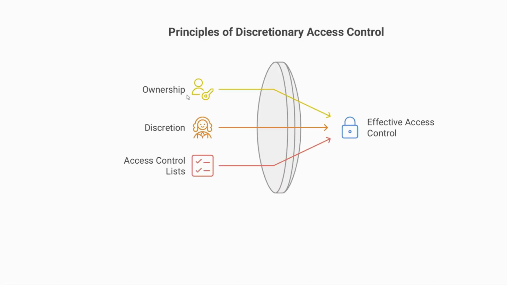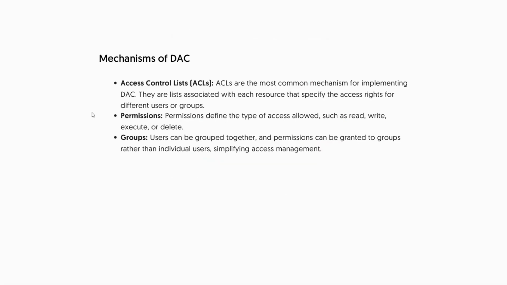The principles we discussed are ownership, discretion, and the list. Eventually, all three combine to create an effective access control model. Now, the mechanism. The ACLs are the most common mechanism for implementing DAC. You identify a list of users, give them the level of access, and put them in an ACL.